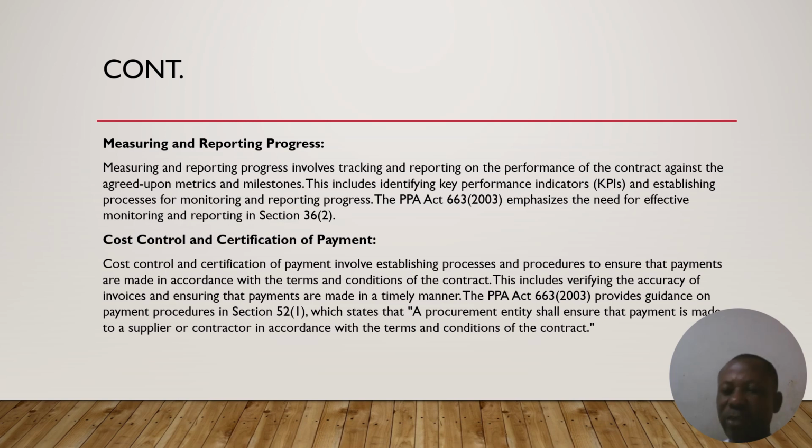And it is the responsibility of a procurement officer to do that. So we need to track and report the performance against the various metrics and milestones that we have set.